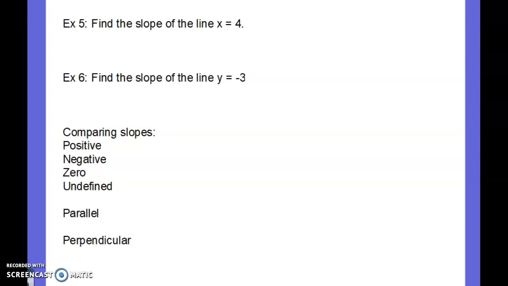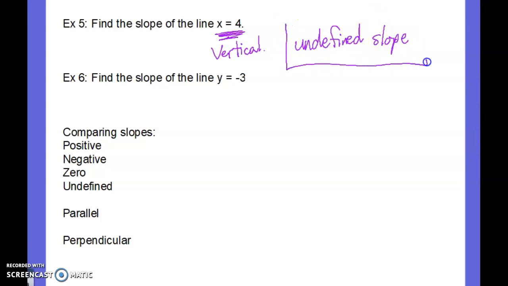So moving forward, we've actually already seen problems like this. And just remind yourself, if x equals, that's a vertical line, and you should have memorized, since we did this in a previous unit lesson, that vertical lines have an undefined slope. Please, please, please do not write no slope, because when I hear the word no, I think of zero.